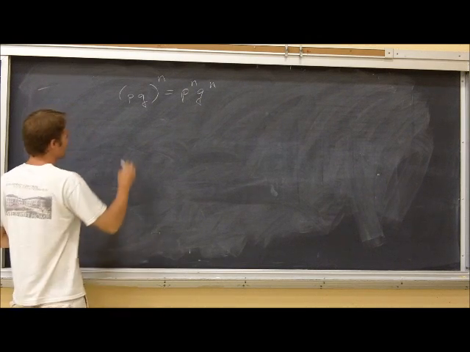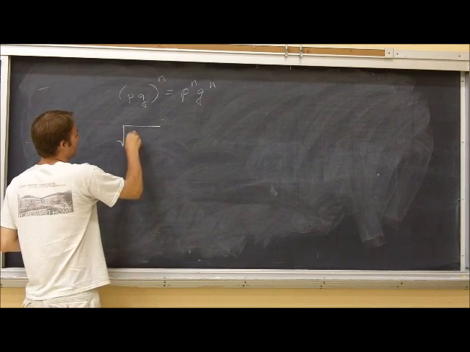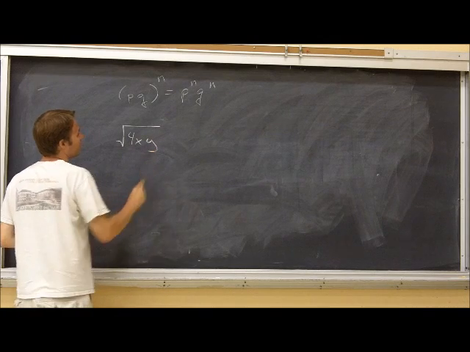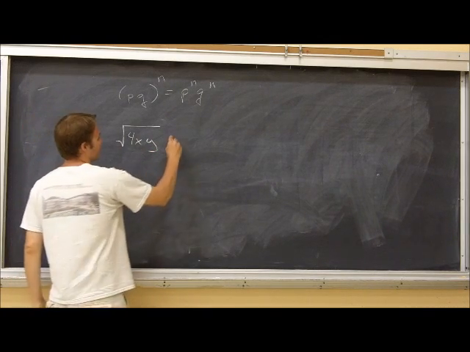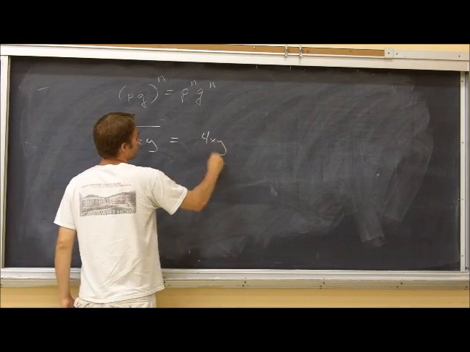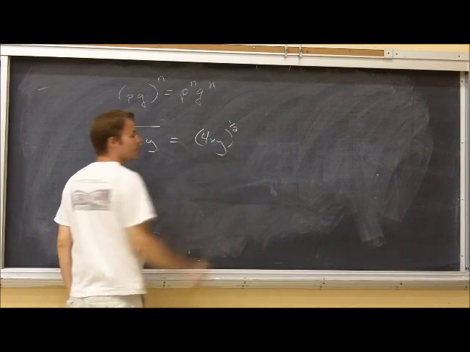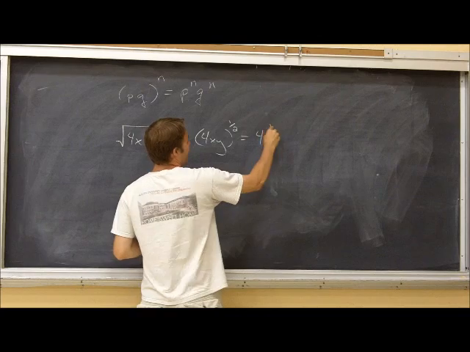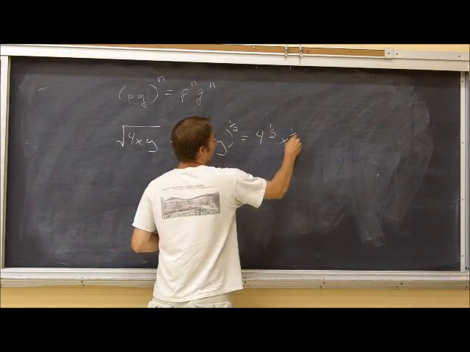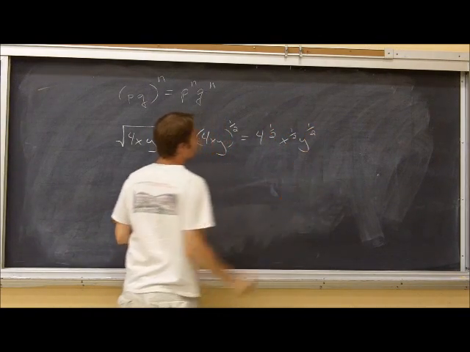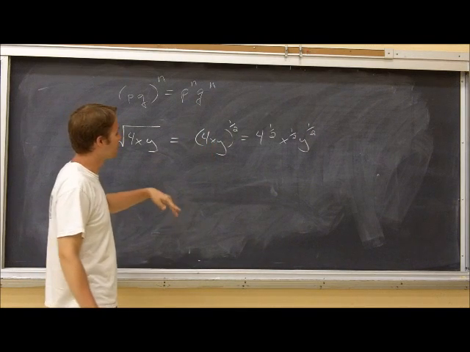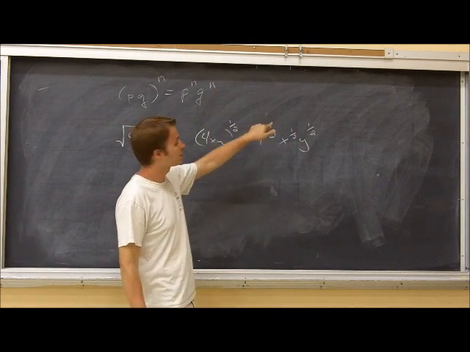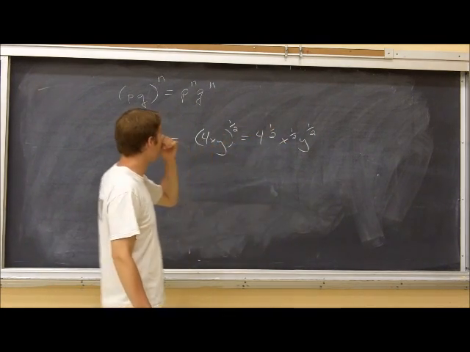So since something like the square root of 4xy, we could really just think of this as 4xy to the 1/2 power. Again, I can think of distributing this 1/2. Since they're all separated by multiplication, I can get 4 to the 1/2 times x to the 1/2 times y to the 1/2.